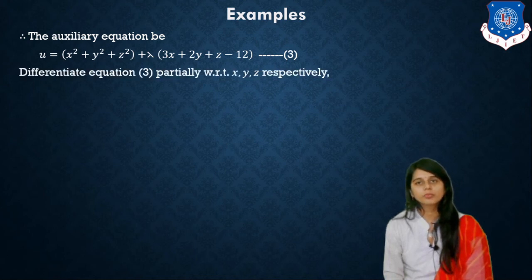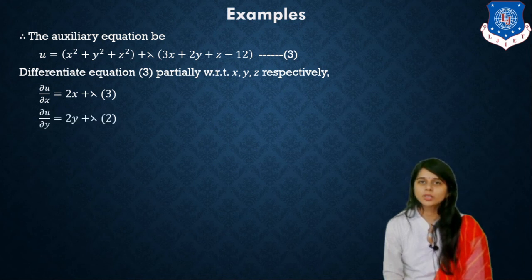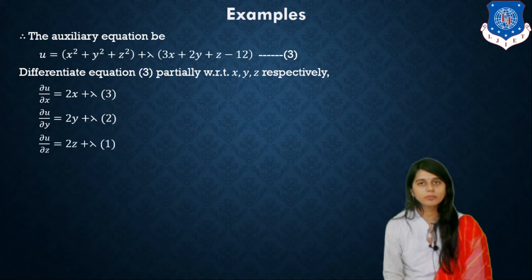Now next step, differentiate equation 3 partially with respect to x, y, z. So del u by del x is 2x plus 3 lambda. We get del u by del y equal to 2y plus 2 lambda and del u by del z equal to 2z plus lambda.